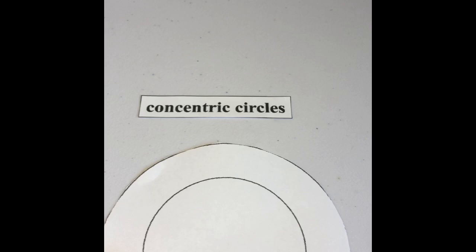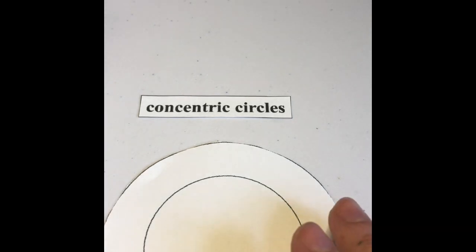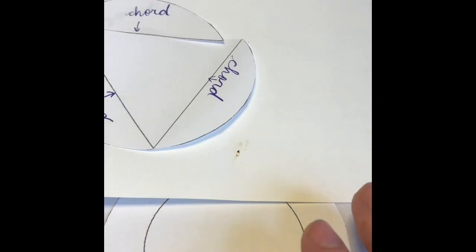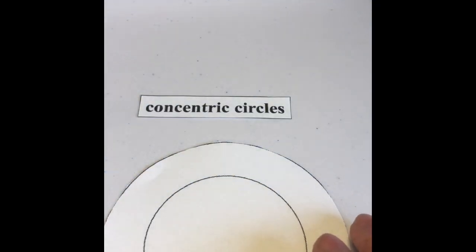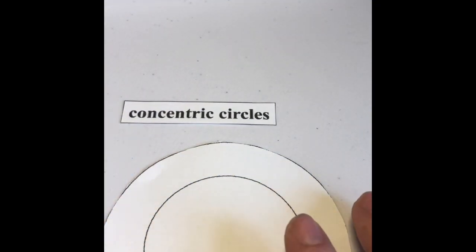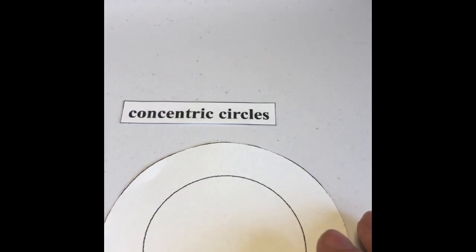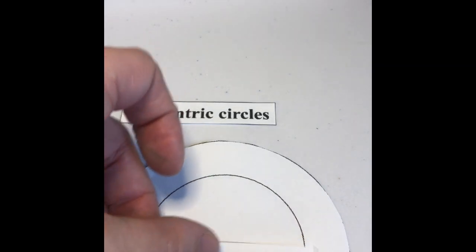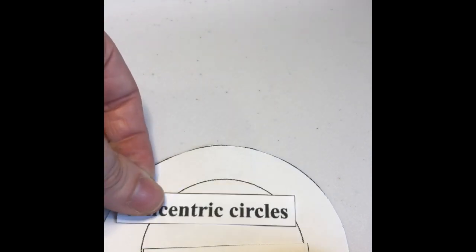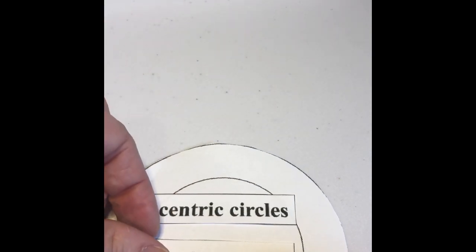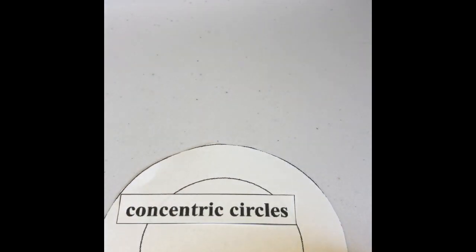So for follow-up work, all of these are in our folders, and you're going to print them out, label the different parts. So the different parts we have here are circular sector, concentric circles. Oh no, excuse me, not circular sector.